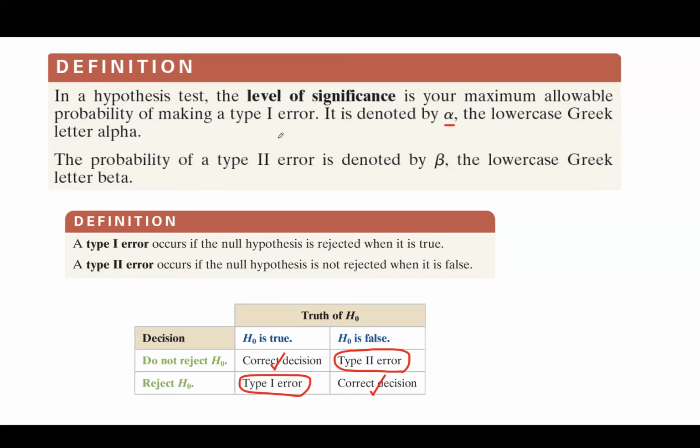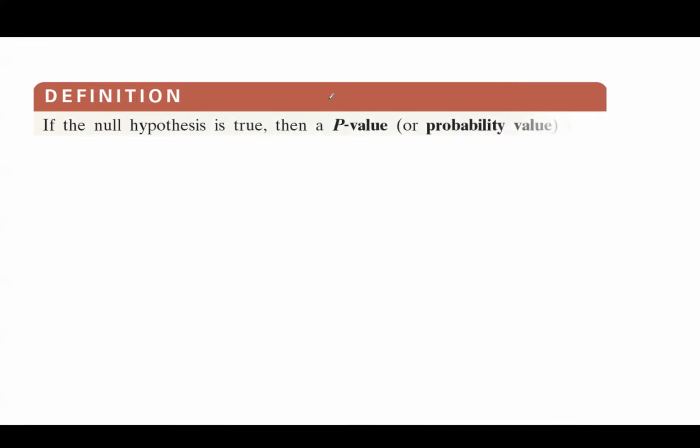But again, our goal is to define the level of significance. In a hypothesis test, the level of significance is your maximum allowable probability of making a type 1 error. It's denoted by Greek letter alpha. Our next definition is p-value.